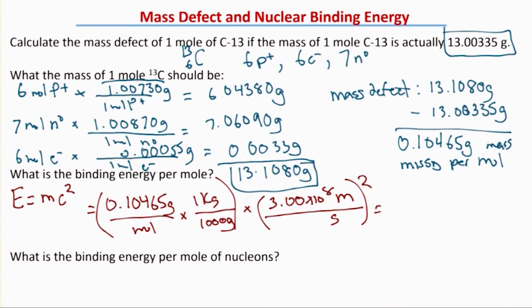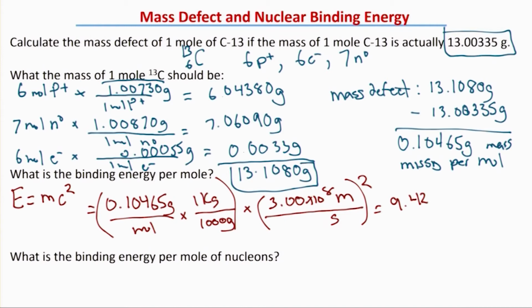When you plug in this, I ended up getting, let's see, I think I got 9.42 times 10 to the 12th. I should always double check my math.